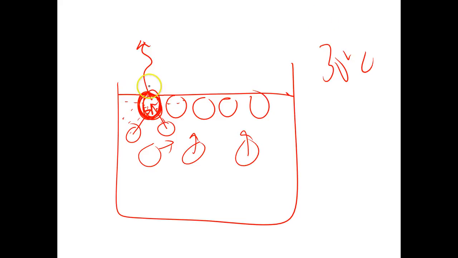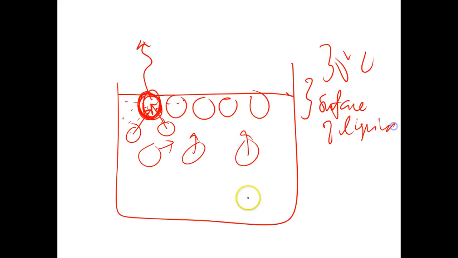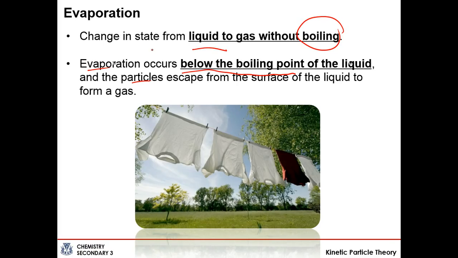This is the process of evaporation. A key thing to note is that evaporation only occurs on the surface of a liquid. The particles at the bottom of the liquid cannot evaporate because there's no way they can escape. Particles on the surface, when collided upon by other particles, gain more energy. Eventually they have enough energy to overcome the attractive forces between the other particles and itself, and it breaks away and forms a gas.